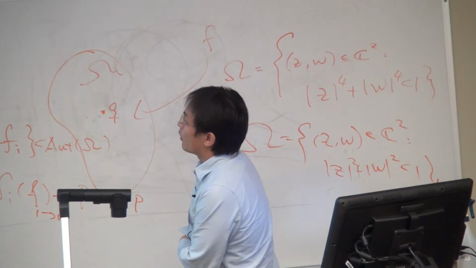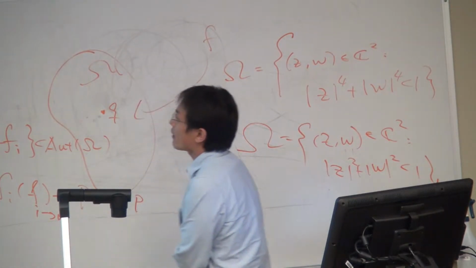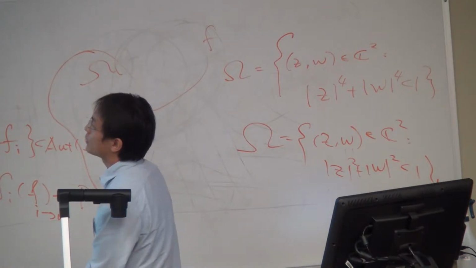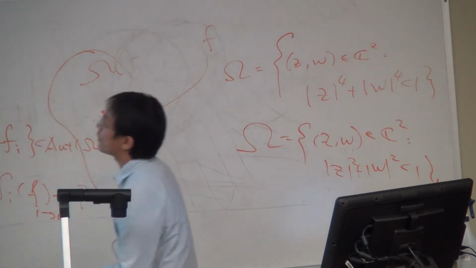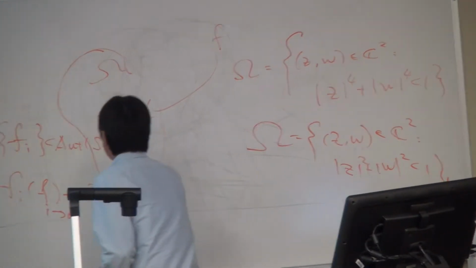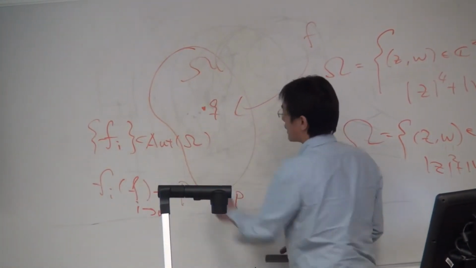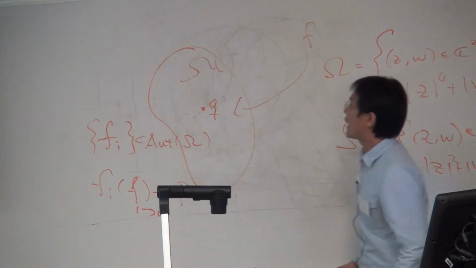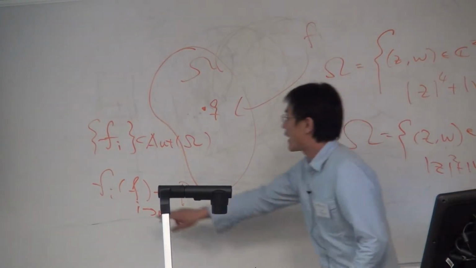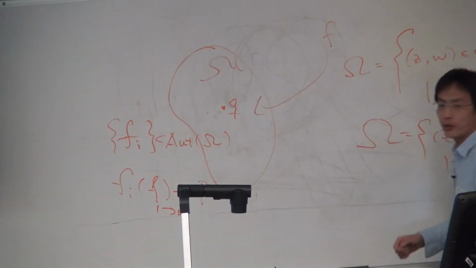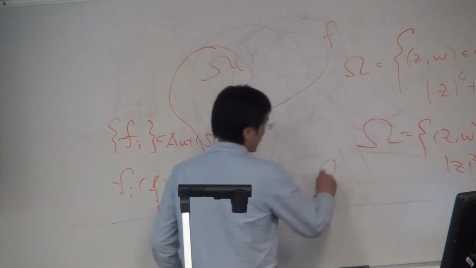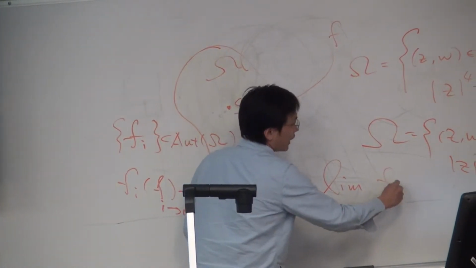And also, by Cartan's theorem, what do I mean by the accumulation points? Actually, what I mean is this. Same setting: let Fi be a sequence in the automorphism group, and Fi bring an interior point Q to P. We consider the limit of Fi.